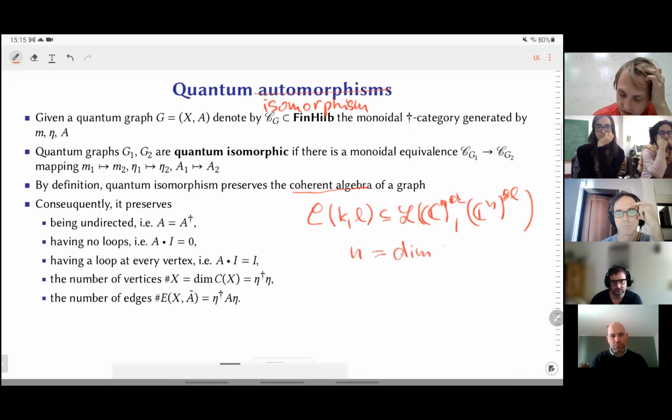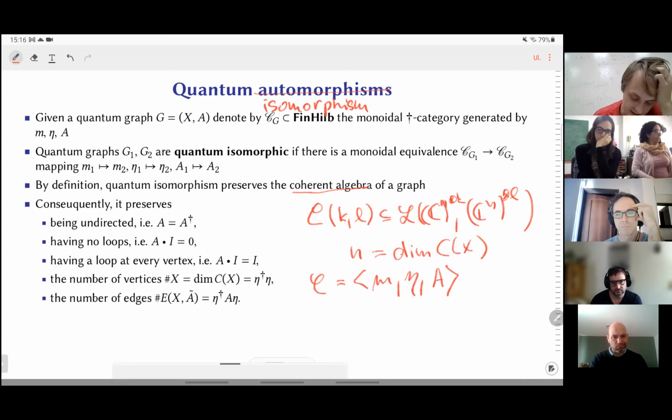So this is the dimension of the C-star algebra, and you consider C to be the smallest such category that contains the multiplication morphism, the unit, and the adjacency matrix.